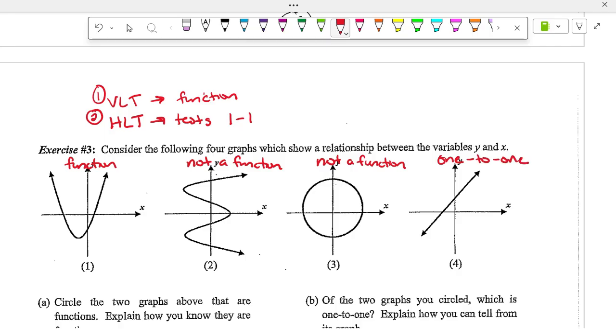Does everyone understand how to find functions and one-to-one functions from graphs? So again, start with the vertical line test. If it doesn't pass the vertical line test, you shouldn't even bother with horizontal. It has to pass both to be considered one-to-one. In order to be just a function, it just has to pass the vertical line test.